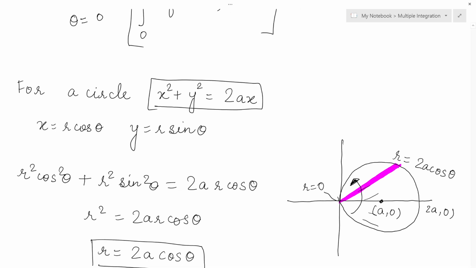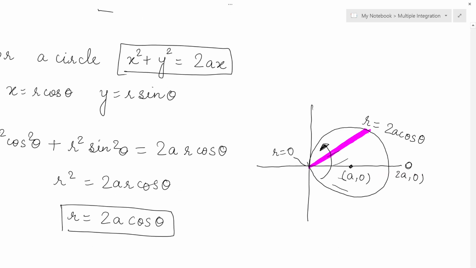Usually in curve tracing you must have seen, this is your 0, this is called your pi by 2, this is called your pi, this is called your 3 pi by 2, and if you go in clockwise direction you can call this minus pi by 2, one and the same, and this is again called 2 pi.